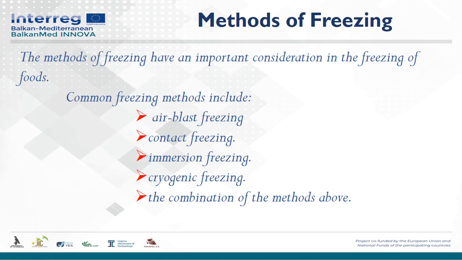Air blast freezing. The easiest method of freezing is to place the food product at low temperatures in a well-kept storage room at sub-freezing temperature. In this case, the heat transfer is done by natural convection, which is a very slow process.